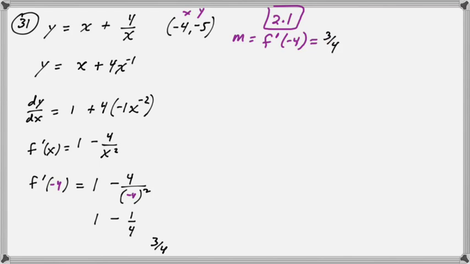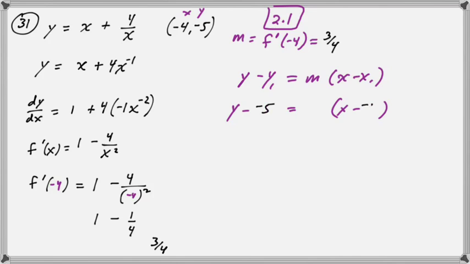My formula is y minus the y value is equal to m times x minus the x value. This will give me the equation of the tangent line. The y value is negative 5, the x value is negative 4, and we just found the slope to be 3/4. If I was to distribute the 3/4 times x, it would give me 3/4 x.